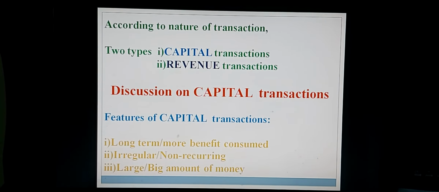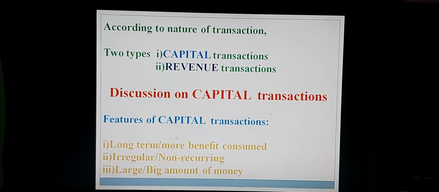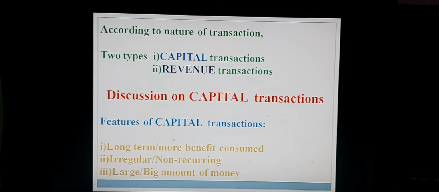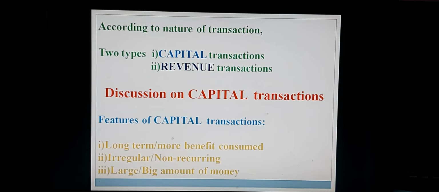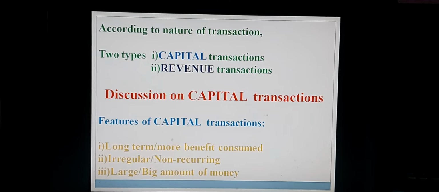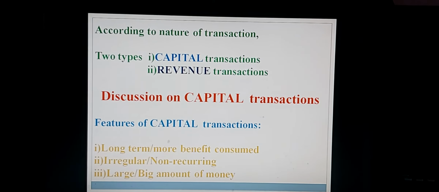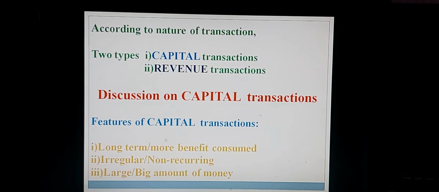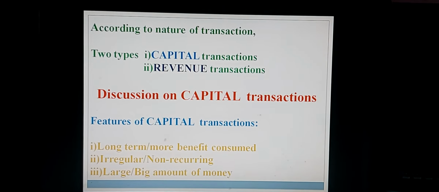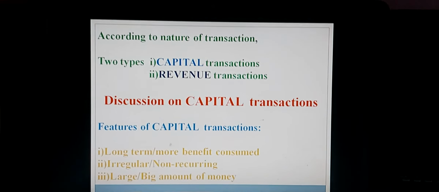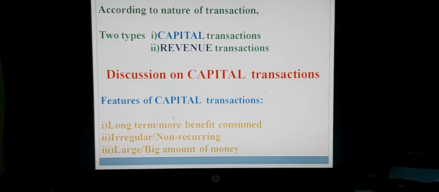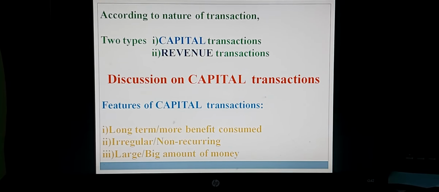Revenue transactions take place regularly, while capital is rare or irregular. There are other aspects of features to differentiate these two types of transaction from one another. Now we can discuss capital transaction.